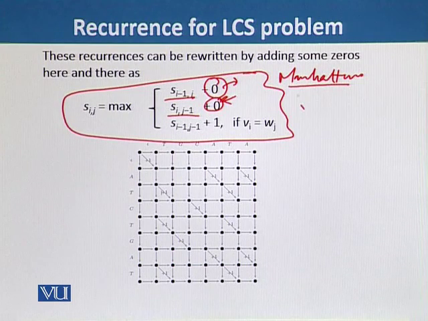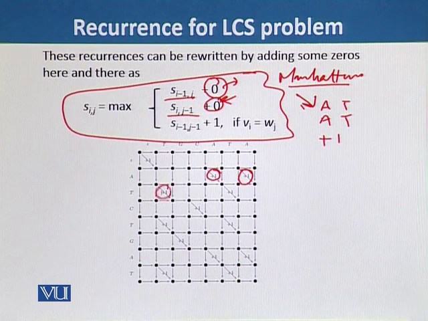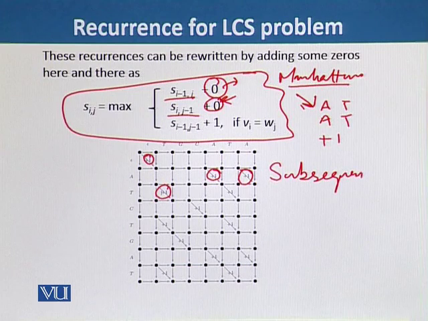We know that whenever we use a diagonal, it means a match, so those edges equal +1. Here we can see the +1 edges, as indicated in this figure. So we can add the 0 and +1 on the edges, and we will get the subsequences that are present in both the V and W strings.